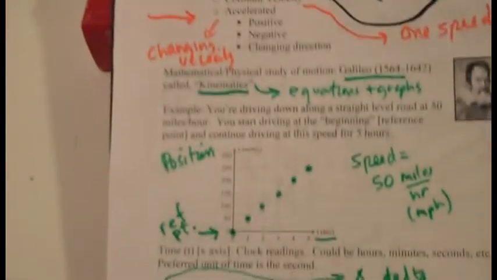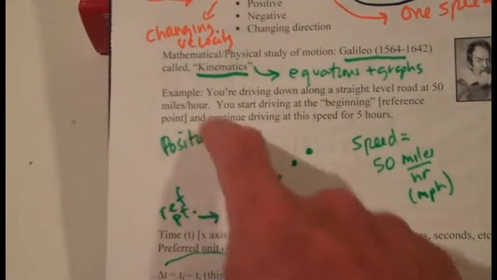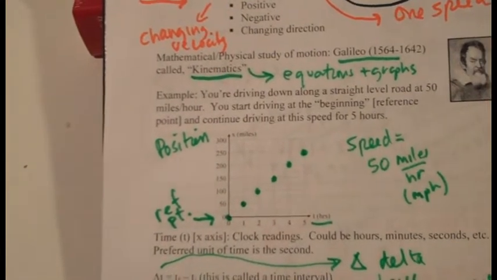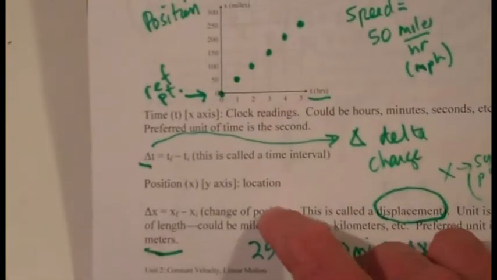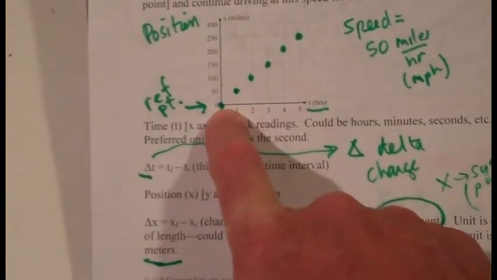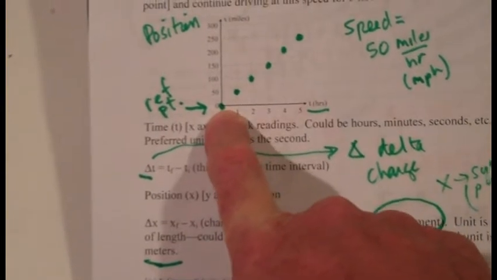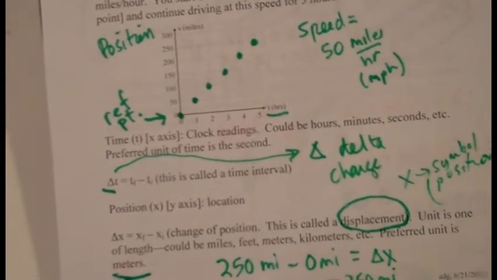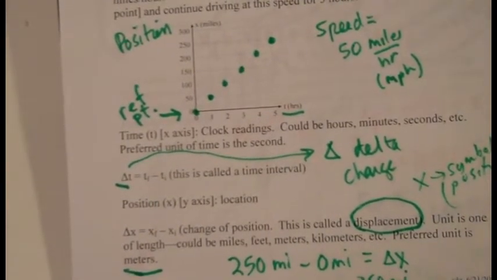We really start off with a graph called the position time graph. That position time graph tells us positions or locations of different objects. We have a reference point, which on a graph is our origin. It's where the object or objects are starting. It could be somebody's house or a starting line on a race.